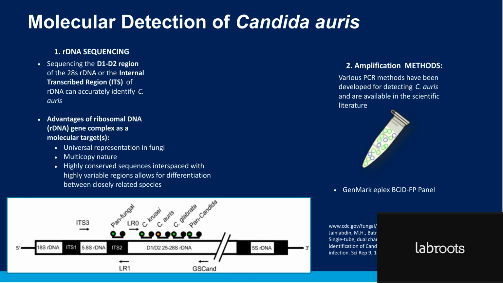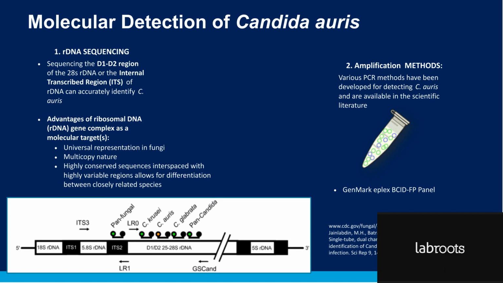I also want to mention here the GenMark ePlex blood culture ID fungal panel, which to my knowledge is the only test that is an FDA-approved molecular test in the US for the identification of Candida auris. However, obviously, this is just for positive blood cultures. That's how the panel is meant to be used. So I wanted to mention that as well as an extra tool.